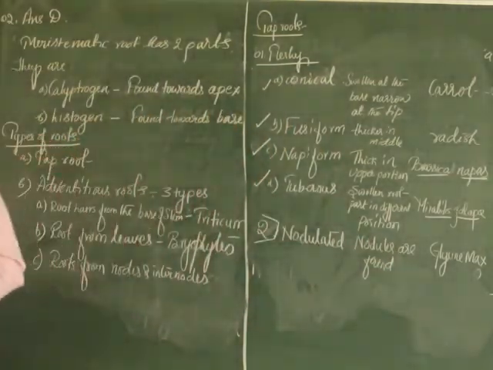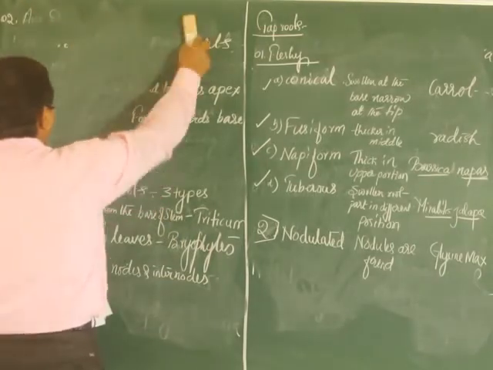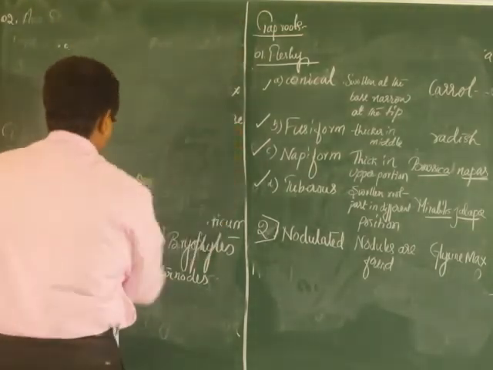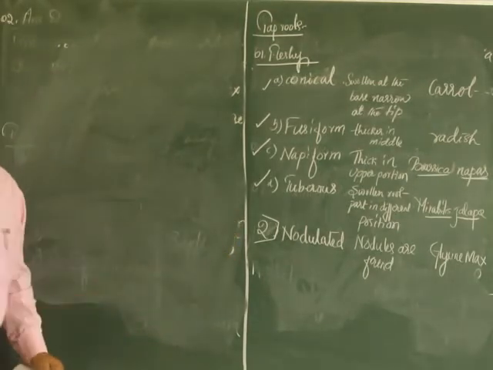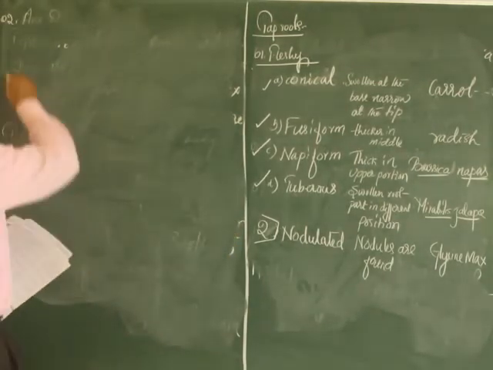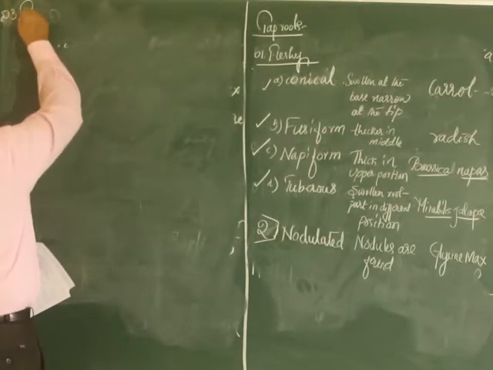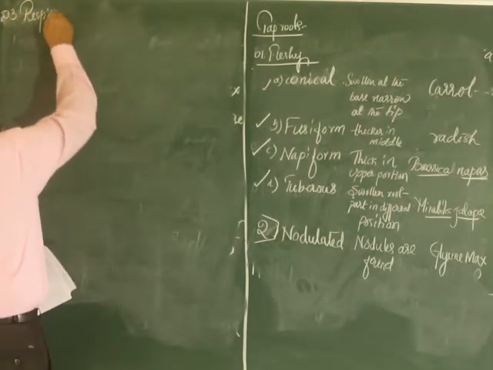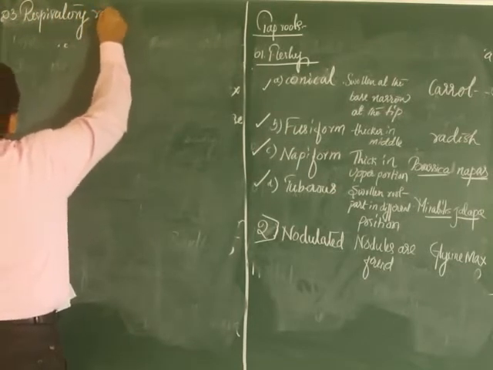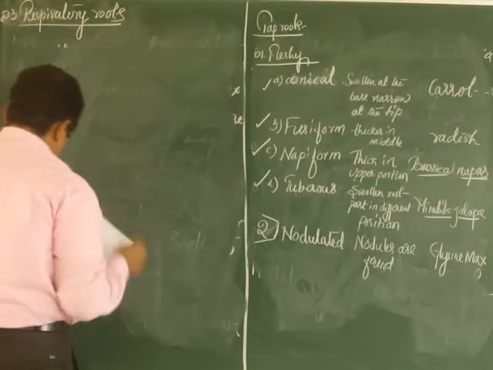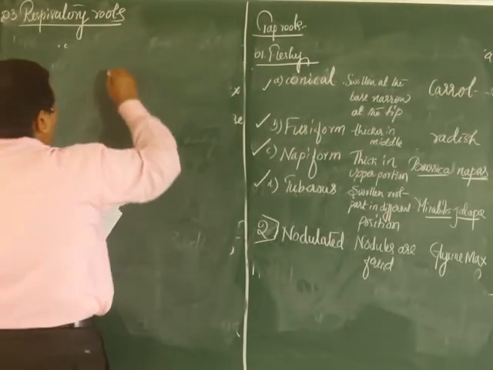And there is another one, that is respiratory root, pneumatophore containing roots. This type of roots we observe in mangrove plants.